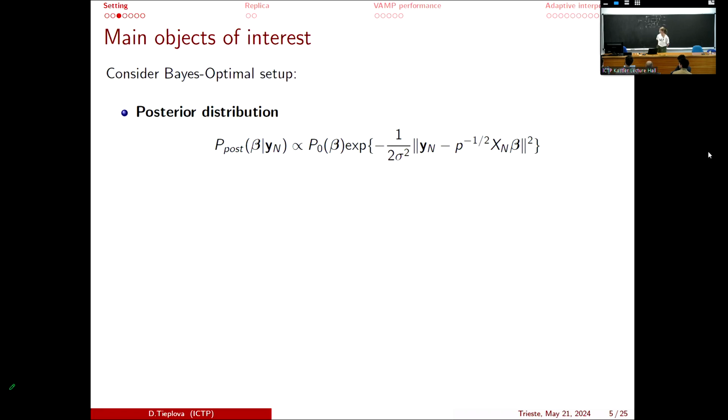Since we are interested in these information theoretical quantities, the one main object that everyone is usually interested in is mutual information.